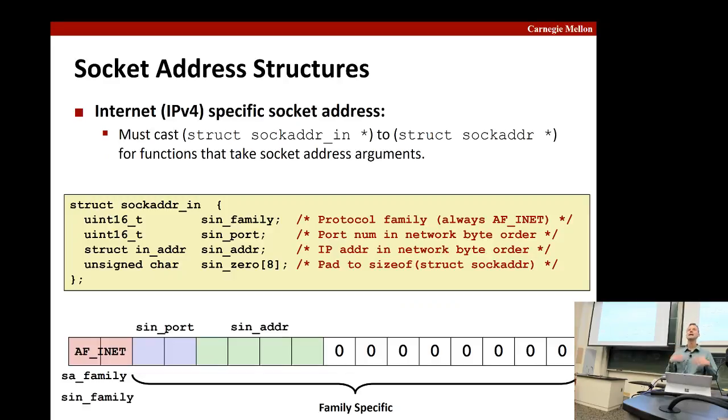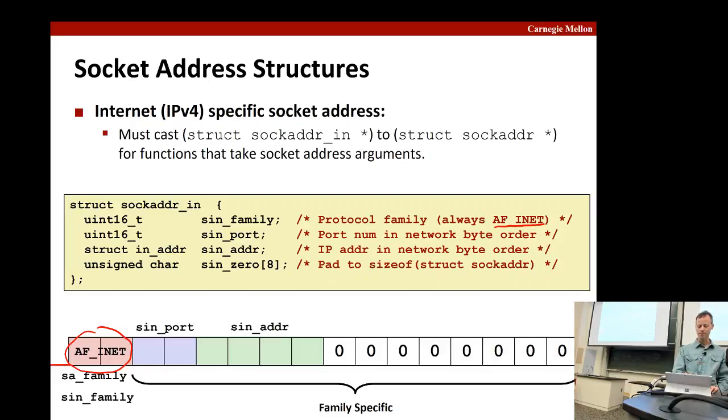Okay, so that's the generic, but what does the specific one look like? For IPv4, which again is what we're going to focus on in this class, if you put AF_INET in the family field, then that specifies IPv4, and that also specifies what the other fields mean.